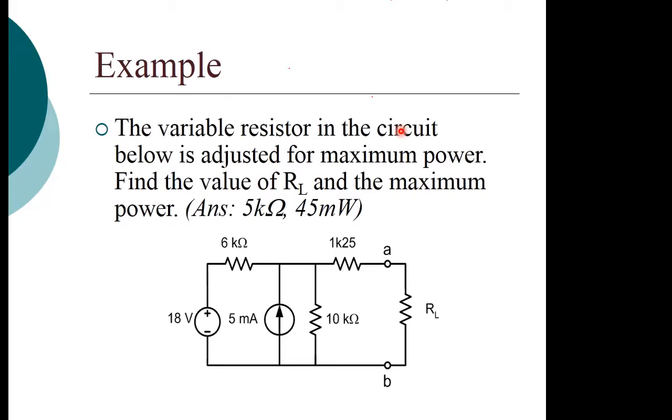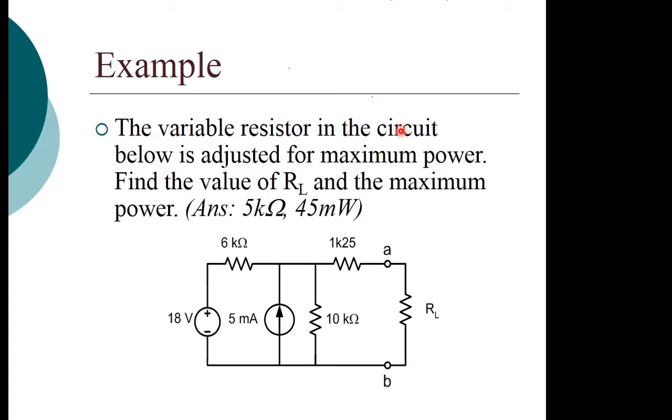So the 8-volt source and the 6 kilo ohm resistor will give us 3 milliamps. Then it's in parallel with 6 kilo ohms. Then it also is in parallel with 5 milliamps and 10 kilo ohms. Then in series with 1.25 kilo ohms.